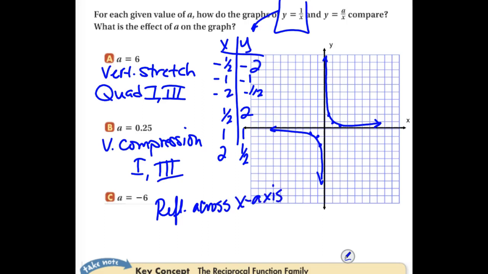And if we reflect it across the x-axis, now the branch that was in quadrant 1 is going to end up down here, and the branch that was in quadrant 3 will end up in quadrant 2. Yes? So we've changed our quadrants here. Now we are in quadrants 2 and 4. So we've done a reflection, but we've also done what? Vertical stretch.